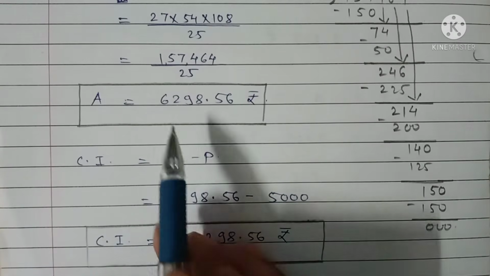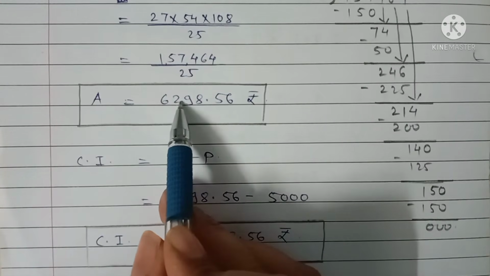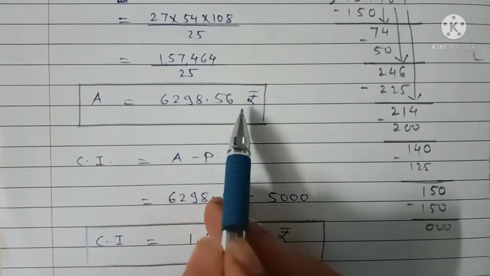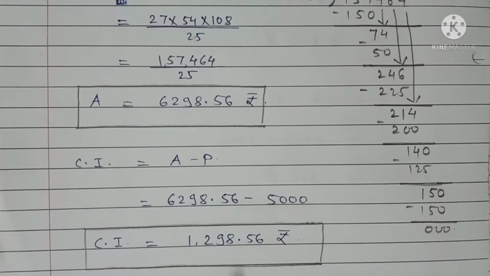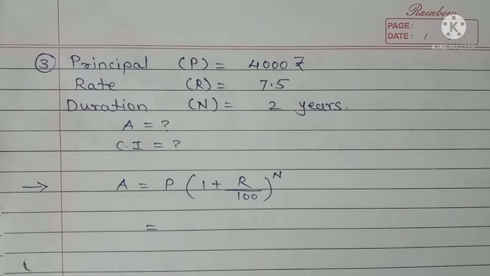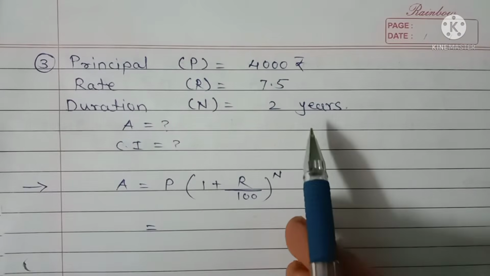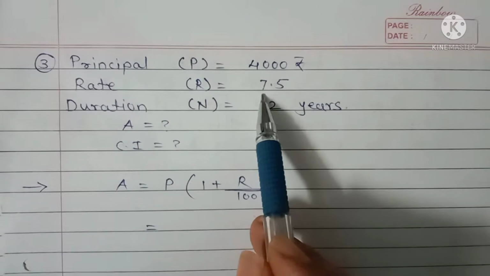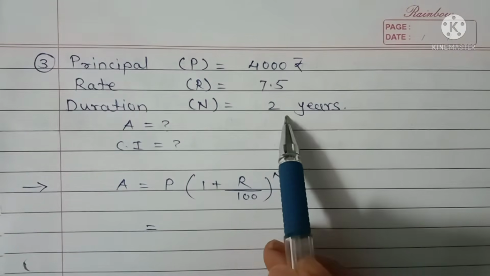Means your amount is 6,298.56 and compound interest is 1,298.56. Third question. In third question, principal is given 4,000, rate is given 7.5 and duration is given 2 years.